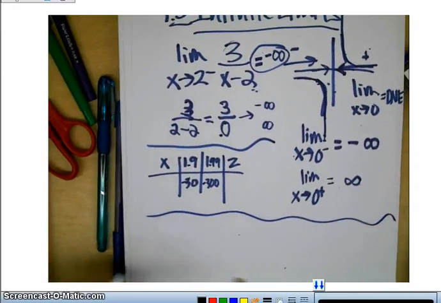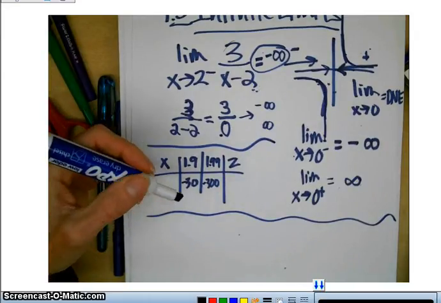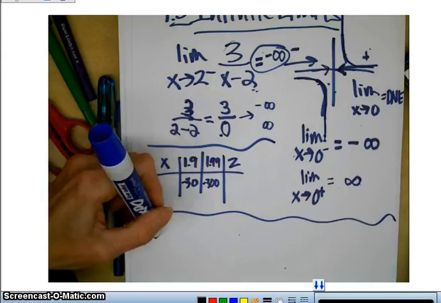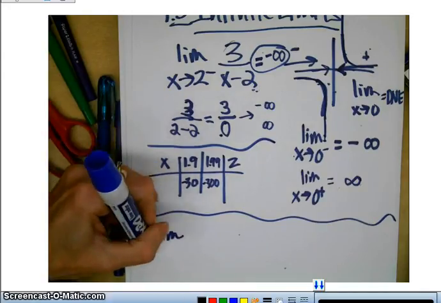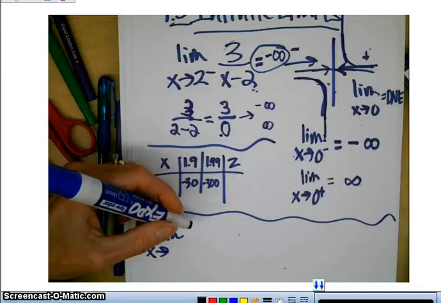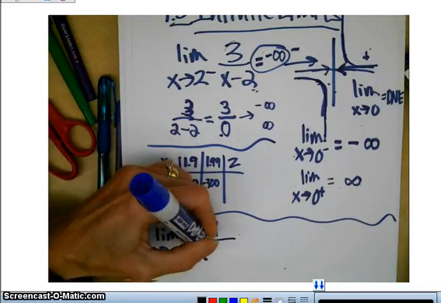Okay, what if I gave you a problem like the limit as x goes to negative 3 of 1 over x squared minus 9.